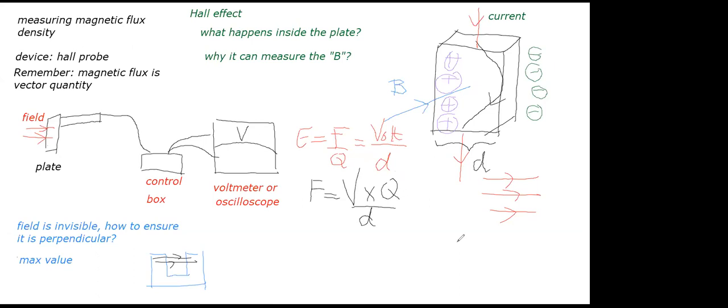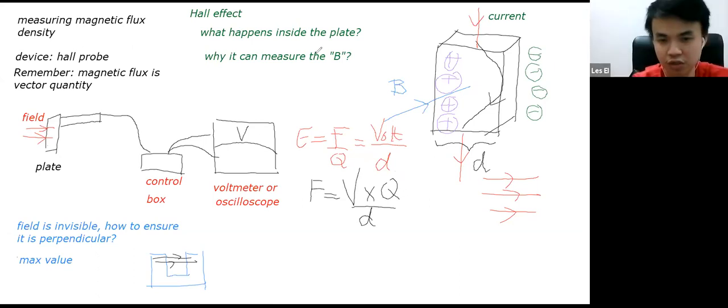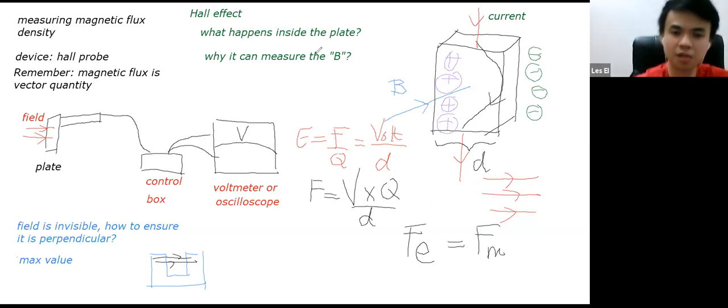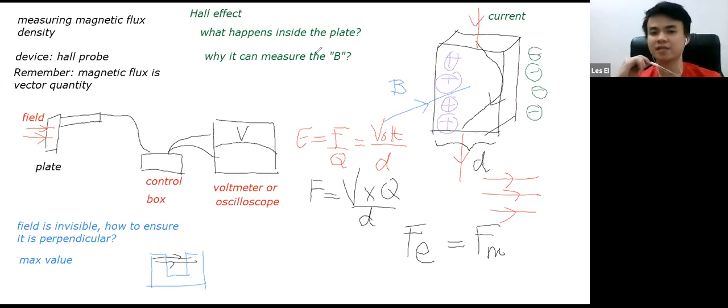Yes, sir. Okay. If you have reached that case, it means you have an electric force, and the electric force is equal to the magnetic force. The electric force is the repulsive force between the electrons. So what is the magnetic force? The magnetic force is from the Fleming left-hand rule.